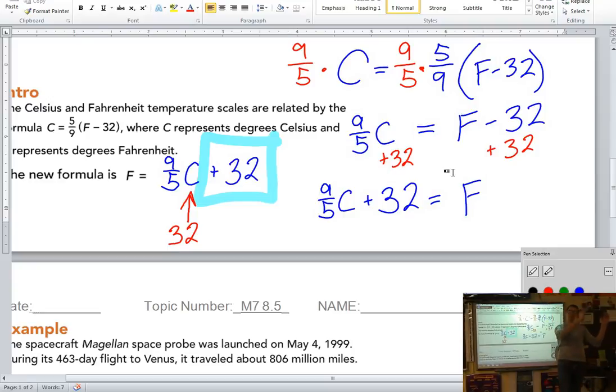Then 32, because it'll multiply. Hit enter. 57. Then we still have to add the 32. So 32 degrees Celsius is almost 90 degrees Fahrenheit.